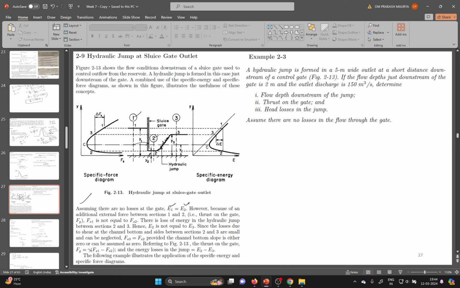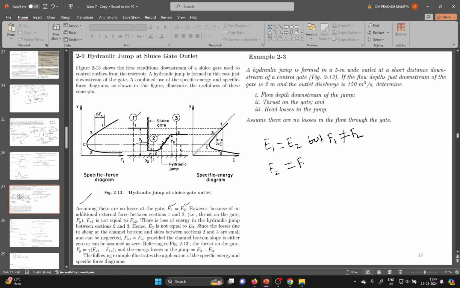So here it is given. The conclusion is that at section 1 and section 2 the energy E1 equals E2, but force 1 does not equal force 2.